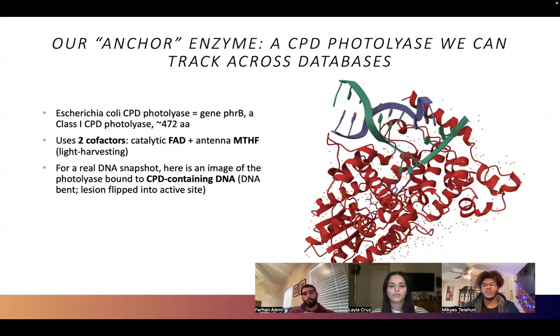And here we have an image to show how the photolyase works. Here, the purple and green are the DNA dimers, and our enzyme CPD photolyase is the red section. And the way it works is it binds to the DNA to repair the green sections, which are, Farhan, if you could point on it.